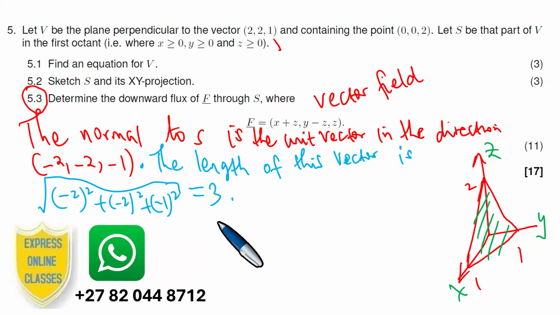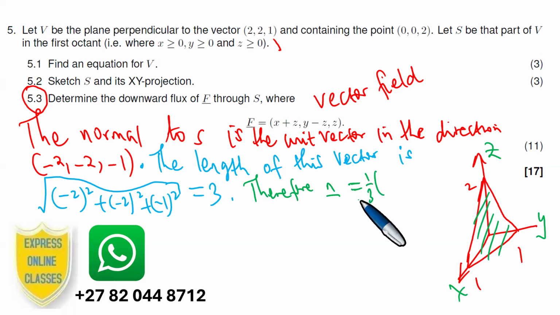This would therefore mean, right, it therefore means the normal vector, you divide by the length. So it's going to be 1/3 of minus 2, minus 2, minus 1.